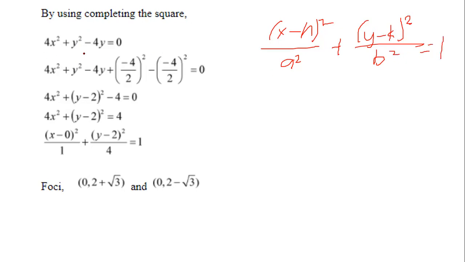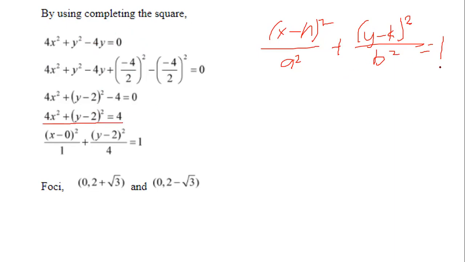Therefore, we know that we get this complicated equation, so we can use completing the square to find these equations. By completing the square, we will get 4x squared plus (y minus 2) squared equals to 4.